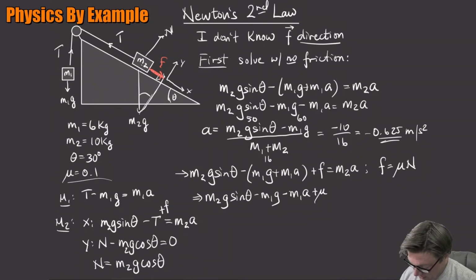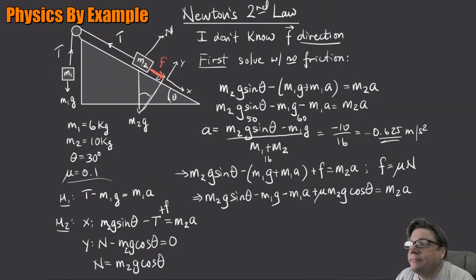It's mu times N. That's mu M2g cosine theta equals M2a. Wow, neat. It looks complicated, but we're kind of done. All we have to do is just solve for a. That's kind of it. So we're going to do the same thing we did before.